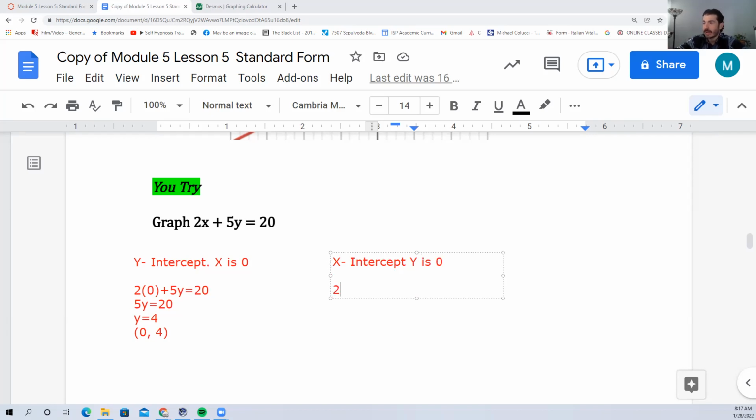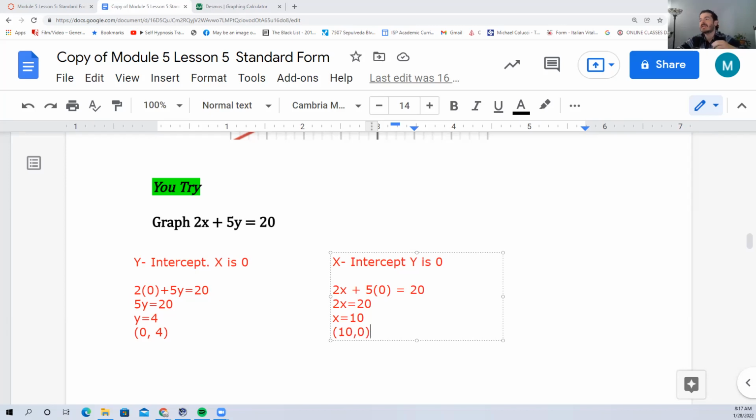This would give me 2x plus 5 times 0 equals 20. 2x, let's go lowercase for consistency, equals 20. X is equal to 10. So my x-intercept point is 10, 0.